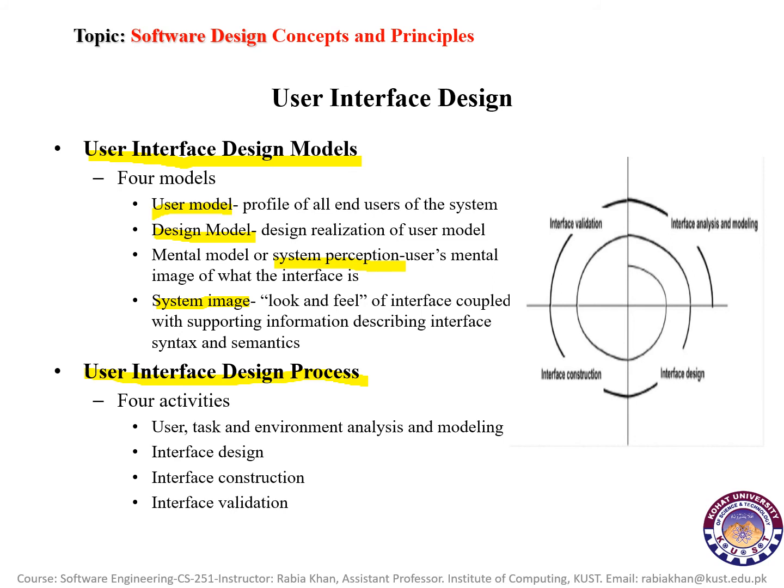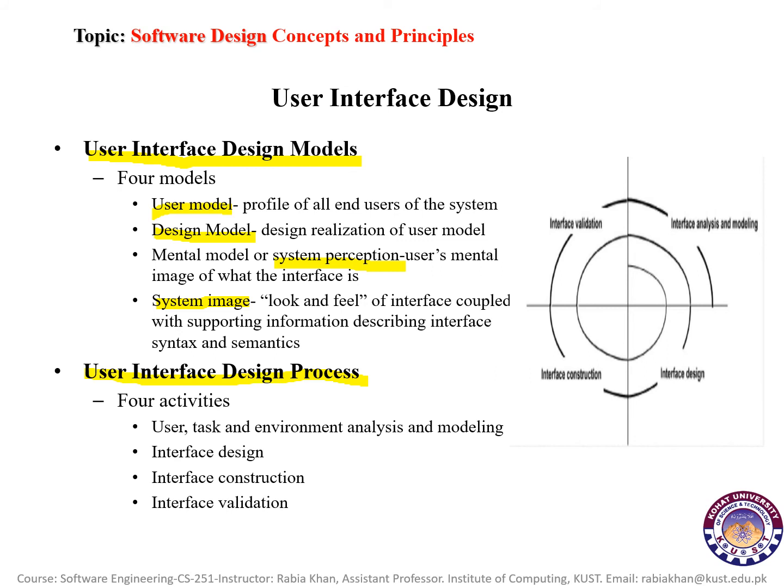The user interface design process encompasses four distinct framework activities, as I have drawn in this diagram. These are the four activities generally performed when you design the user interface.